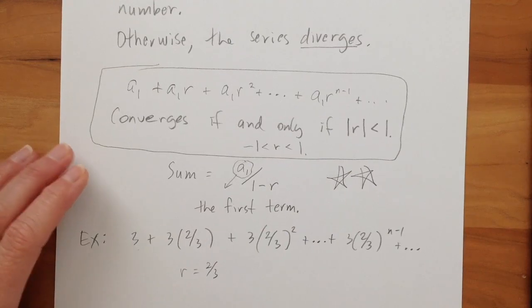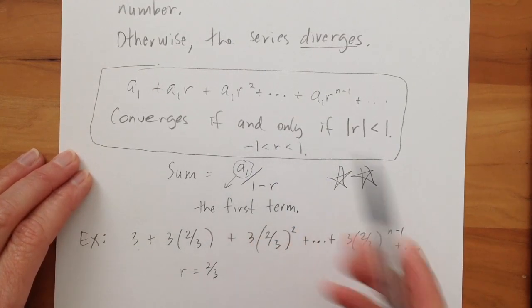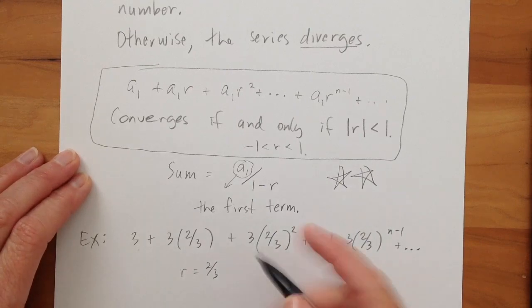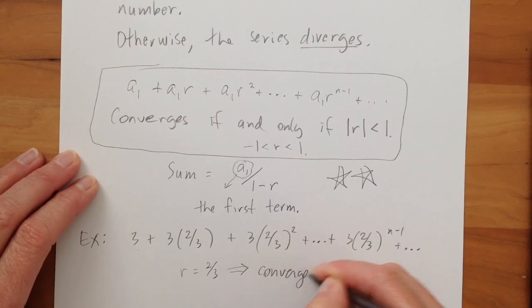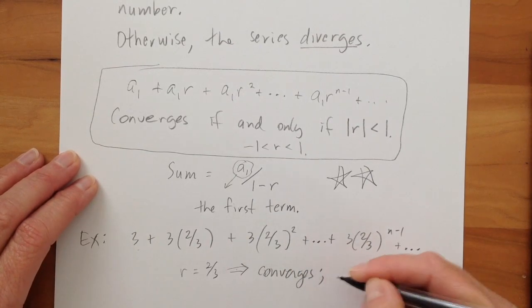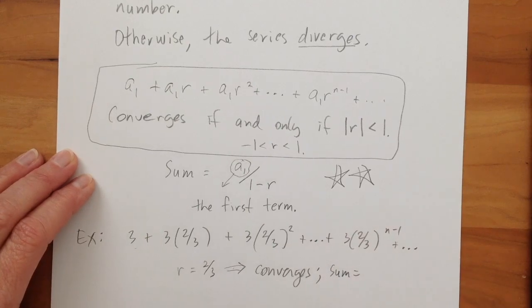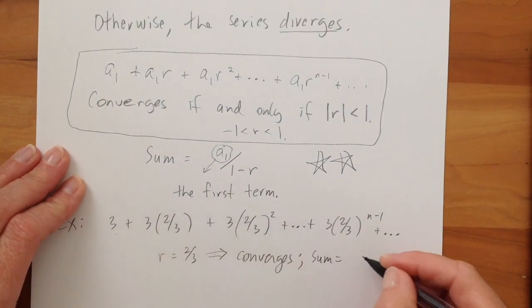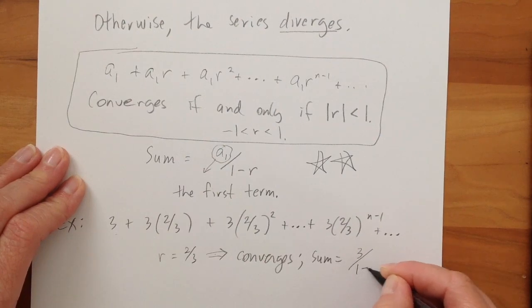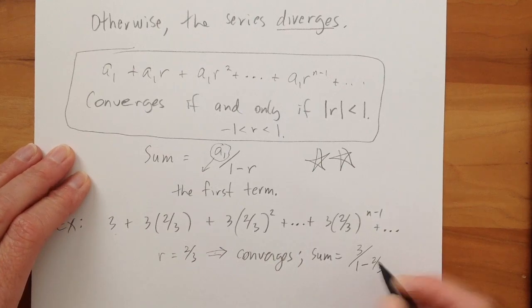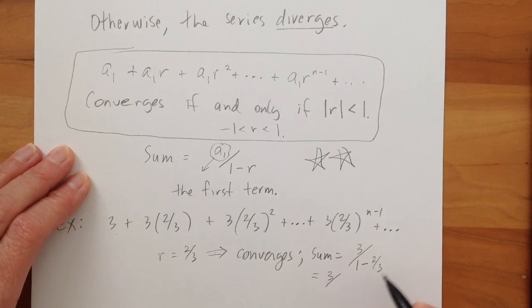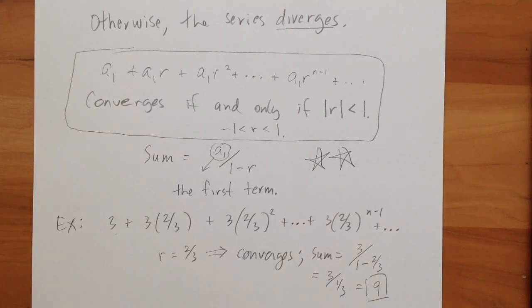Is 2/3 a number between -1 and 1? Yes, it is. So we have that the series converges and the sum is the first term over 1 minus that common ratio. So that is equal to 3 over 1 minus 2/3, which is 1/3. So that's equal to 9. So that series converges and the sum is 9.